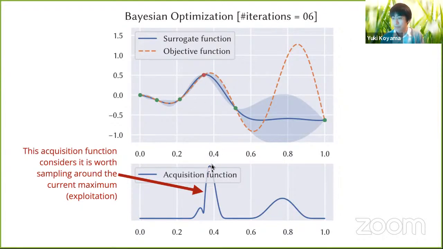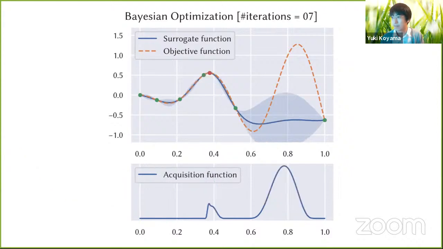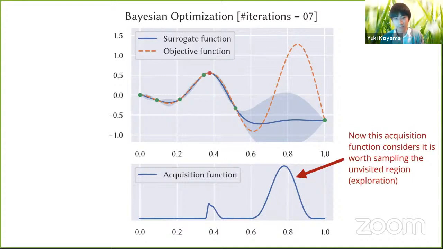This reflects the exploitation aspect of the acquisition function. Then the next iteration looks like this. The shape of the acquisition function changed, and now it considers it is worth sampling around this unvisited region.